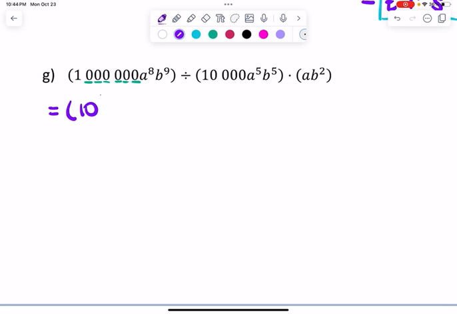There's 6 zeros here, so I could write it as 10 to the power of 6. I'm going to rewrite all of those big powers of 10 here and not do anything else. The second power of 10 has 4 zeros in the original number, so I'm going to have an exponent of 4.